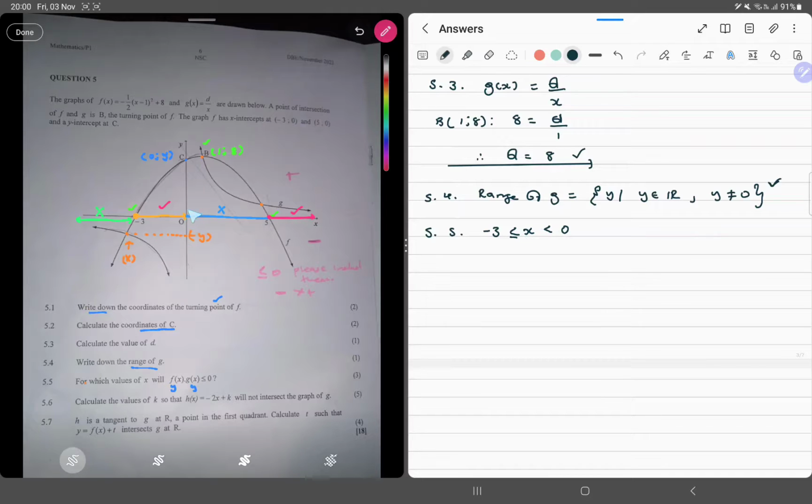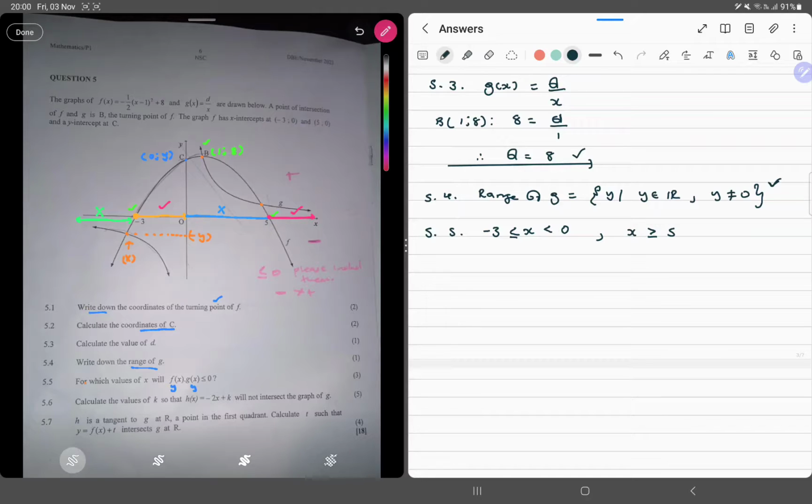But 0 cannot be included. Why? Because the hyperbola on that line x is equal to 0 is undefined. It's an asymptote. Okay, so comma, the next interval that is acceptable, we know that x must be greater than or equal to 5, because 5 was included going to positive infinity.